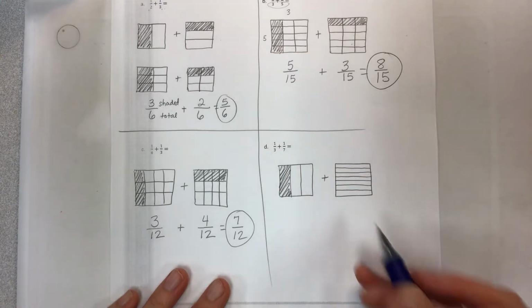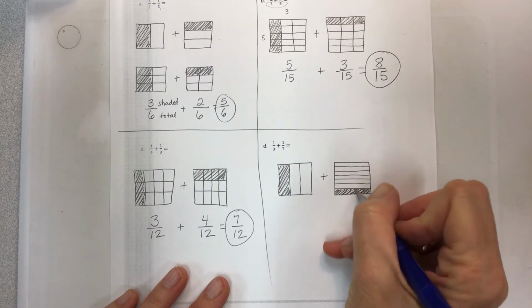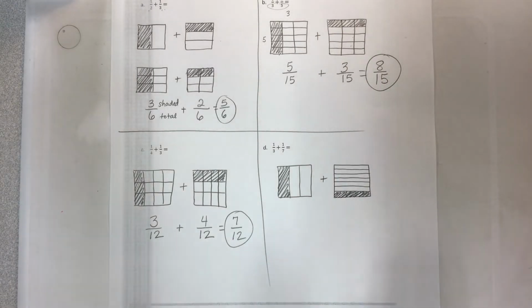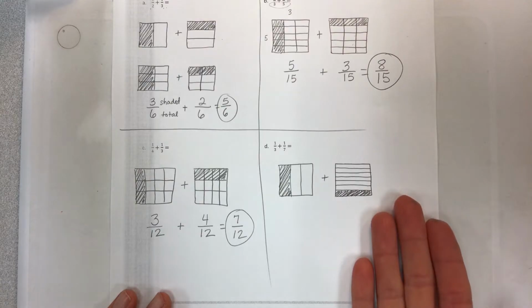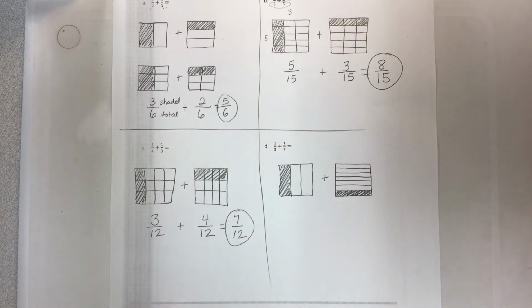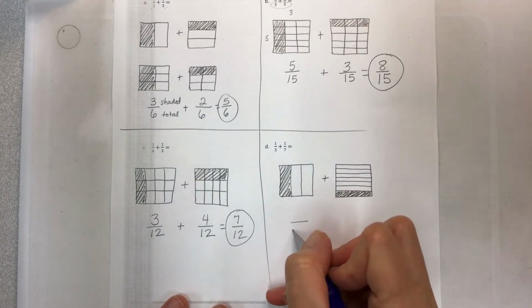There we go, 7 sections. Shade 1. Let's shade the bottom this time just for fun. Okay. Now I'm going to lay over the 7ths onto this one and the 3rds onto this one so I can create equivalent pieces. How many pieces will I have? Ask yourself that. How many pieces total will be there?